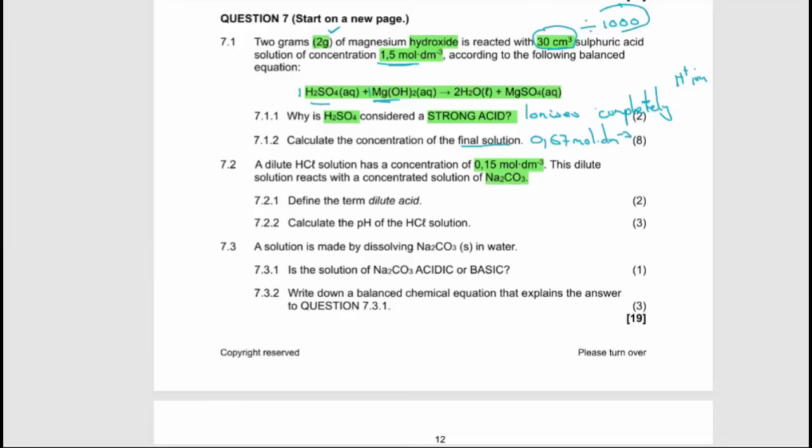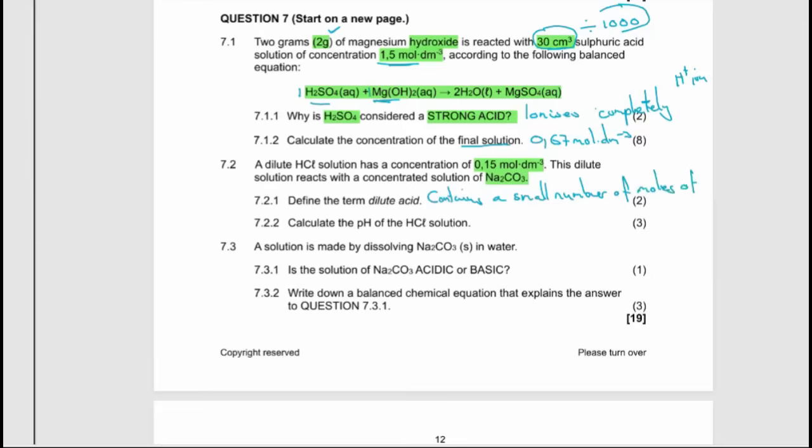For the term dilute acid, we are saying that it contains a small number of moles of acid in proportion to the volume of water.